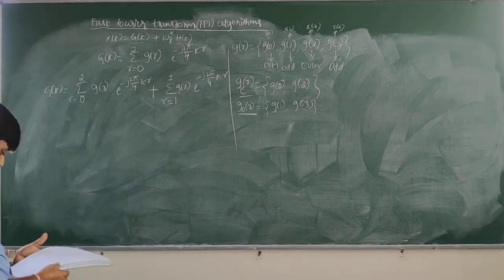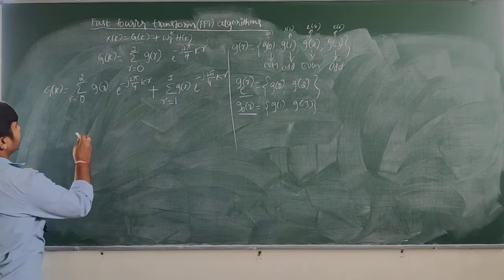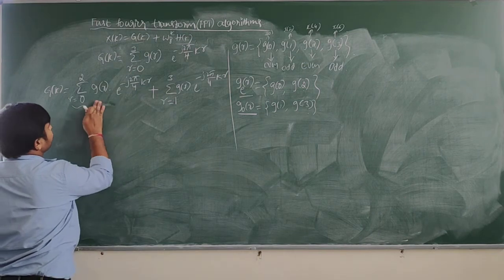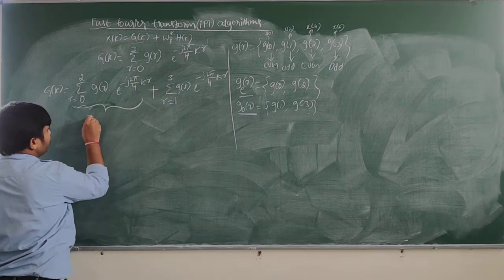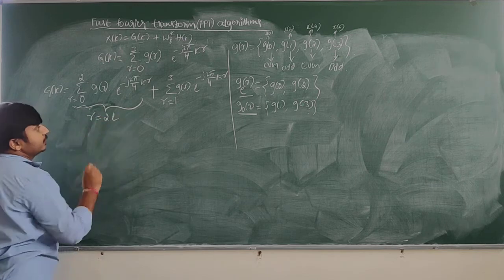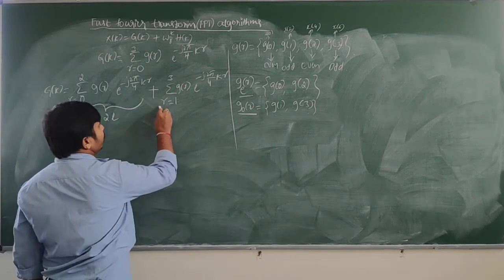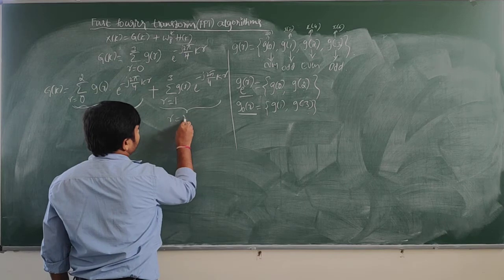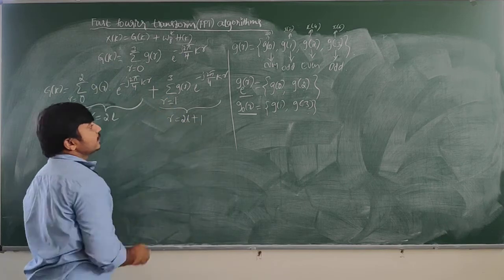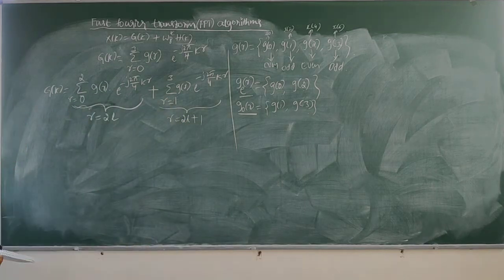Now put r is equal to 2l in the first equation and r is equal to 2l plus 1 in the second equation.